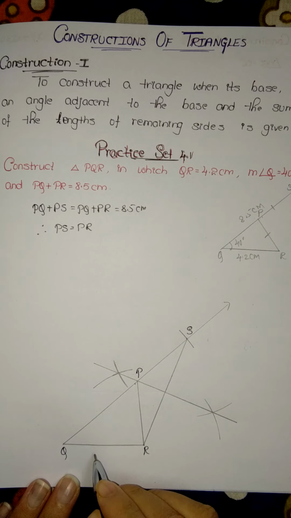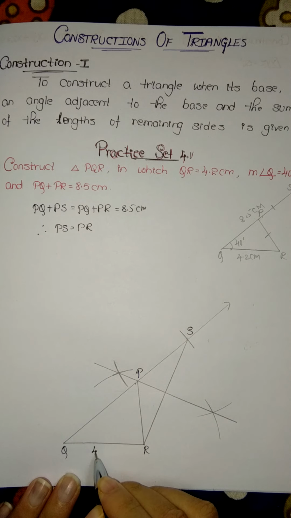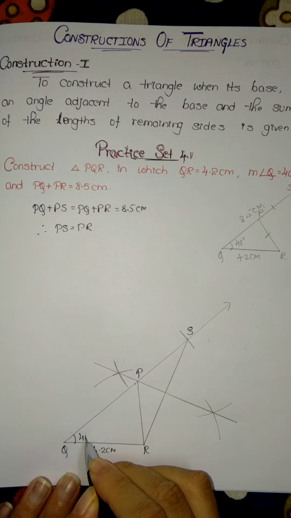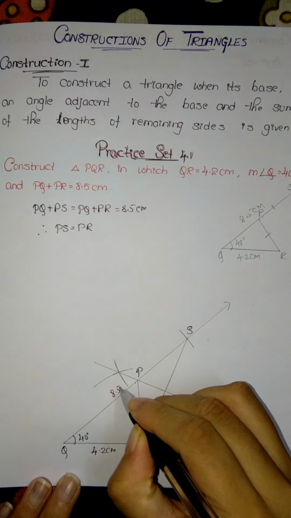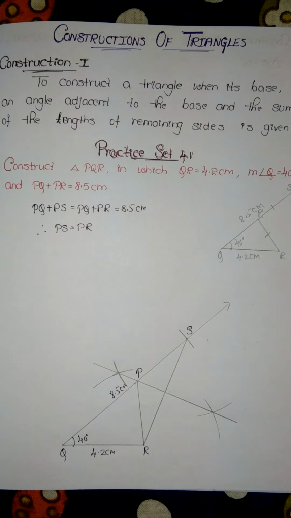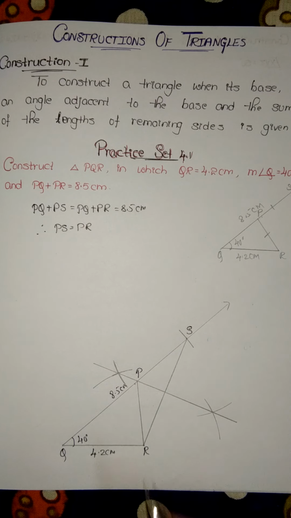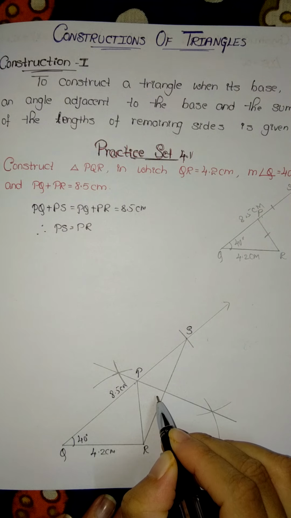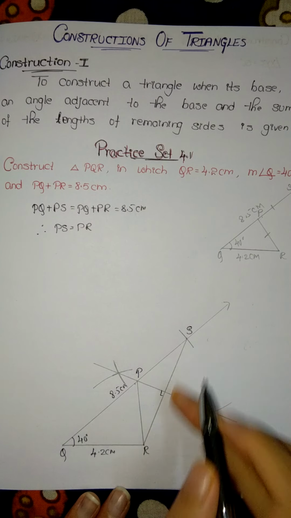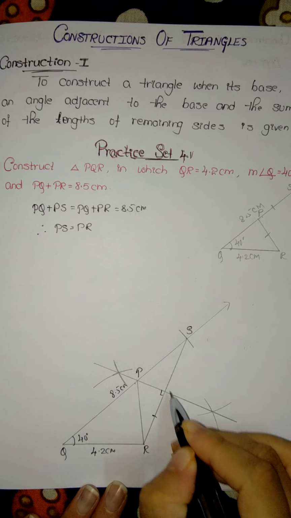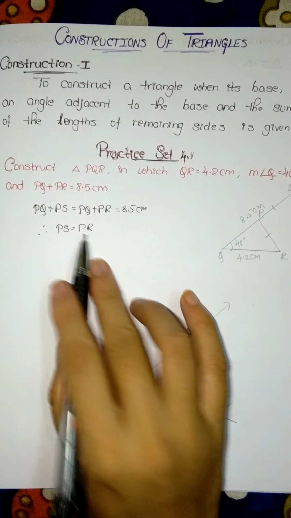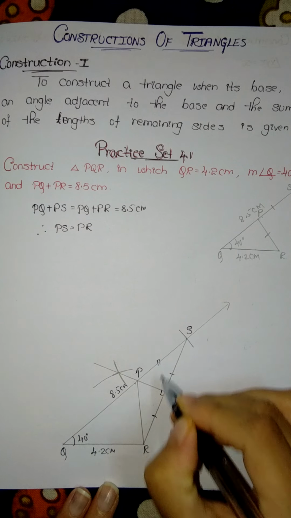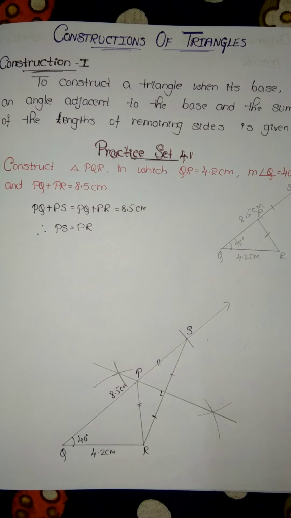So here QR is 4.2 centimeter and this angle is 40 degree and this entire length is 8.5 centimeter. This one is the perpendicular bisector of SR, therefore this side is equal to this side. Similarly, we already proved PS is equal to PR, so these two sides are equal.